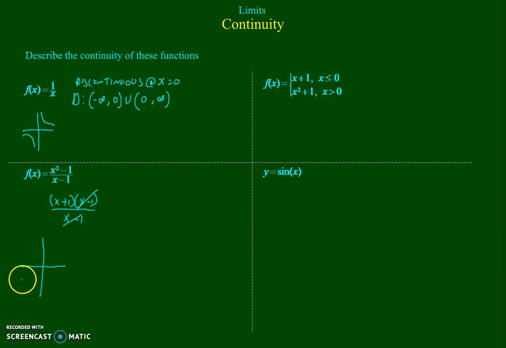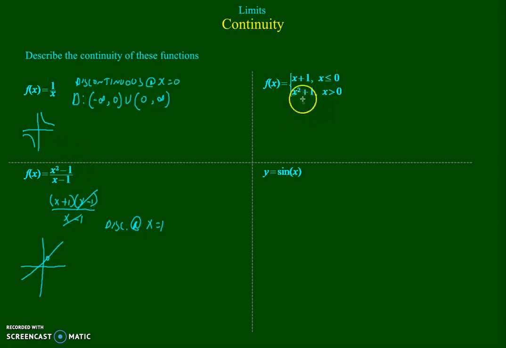X plus 1 goes something like that, and there's a discontinuity right here. So we would say this function is discontinuous at x equals 1. And so this function is not continuous at that point, but it is continuous everywhere else for the same reasons that we saw up here.